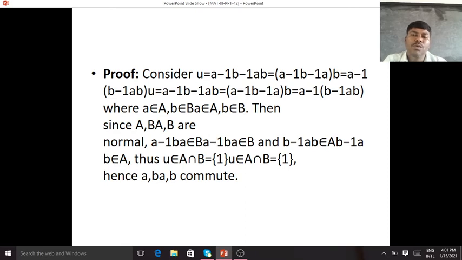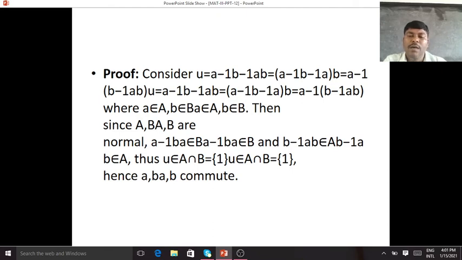Consider u = a^-1 b^-1 ab, where a belongs to A, b belongs to B.